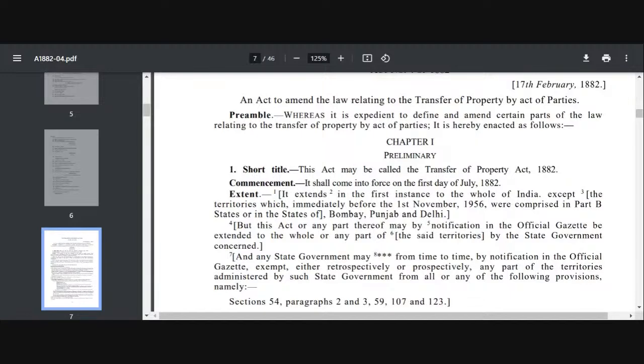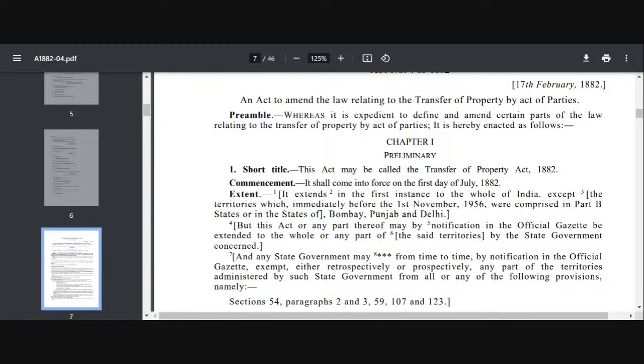First thing first, the object of the TP Act: it gives me a definite, clear and uniform law of transfer of immovable property by act of parties. It is modified to suit the current socio-economic conditions of India, right?